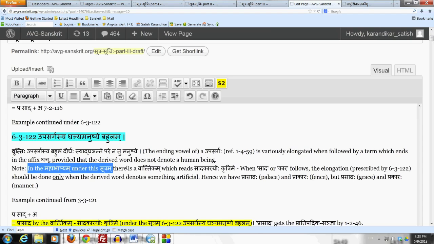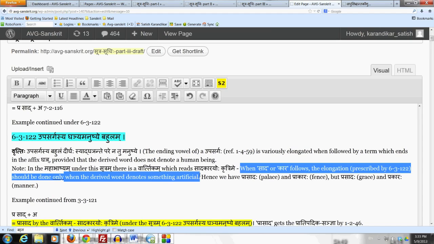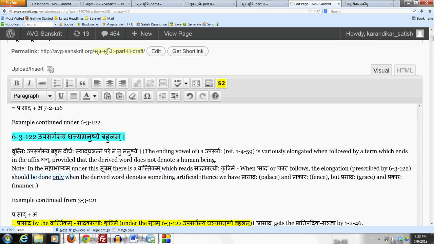Under this sutram, there is a vartikam which reads sadakarayoh kritrime, which means that when sada or kara follows, the elongation prescribed by the sutram 6.3.122 should be done only when the derived word denotes something artificial, something constructed, something not natural.